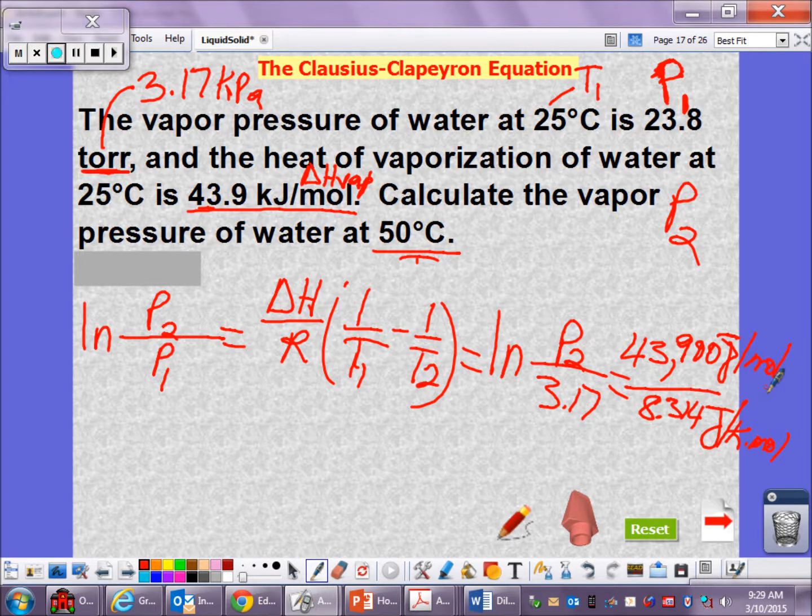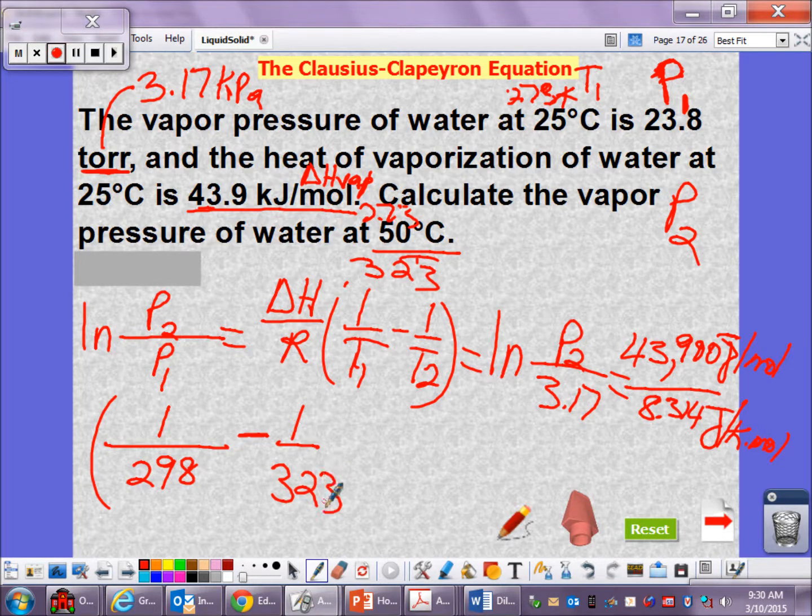And then times 1 over my T1, which I need to convert into Kelvin. It is 273 plus 25, which gives me 298. Minus 1 over my T2, which is 50 plus 273, which gives me 323. Try not to get confused with this.